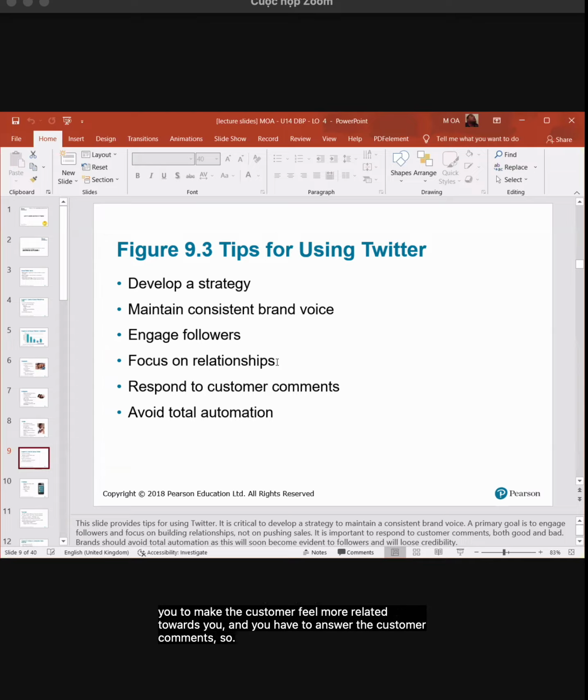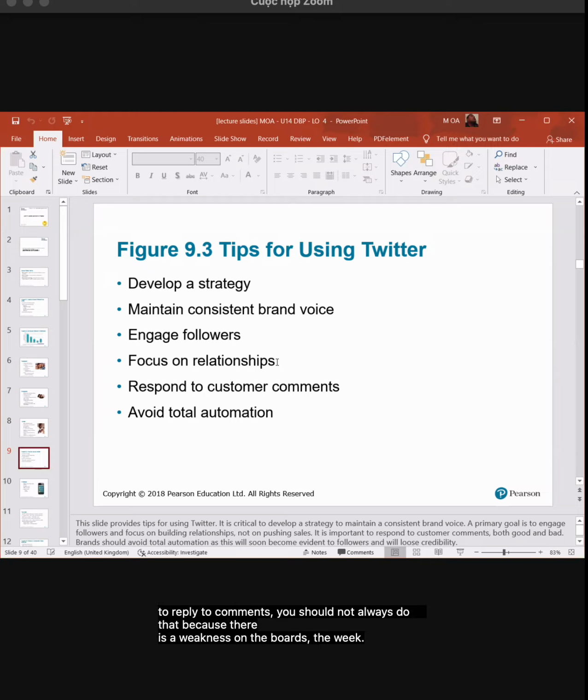So of course, many companies nowadays, because they can receive a million replies or 100,000 replies to their messages, are using automated bots to reply to customer comments. You should not always do that because there is a weakness in the bots.